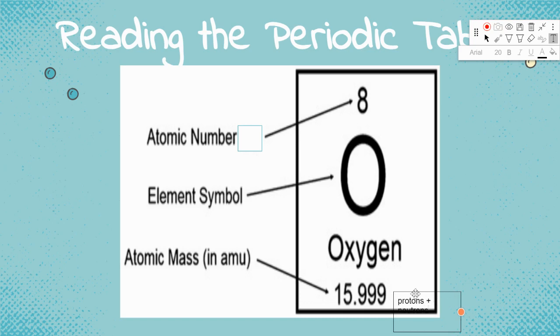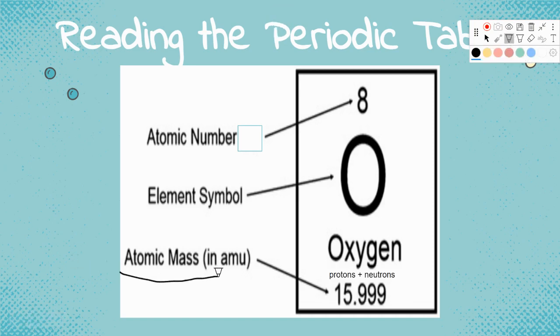And let me move this up a little bit just so you can see it a little bit better. So right there, the atomic mass is protons plus neutrons. That's what that means. All right. So 15.99, again, protons plus neutrons is what gives you that 15.99. So again, the atomic mass always has to be the larger number. It is always the larger of the two.